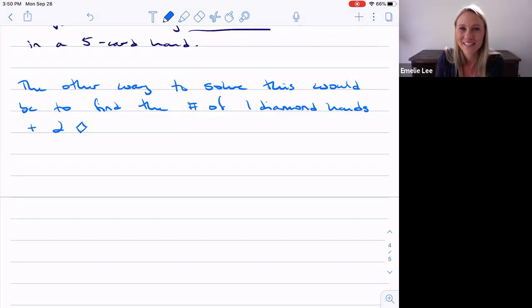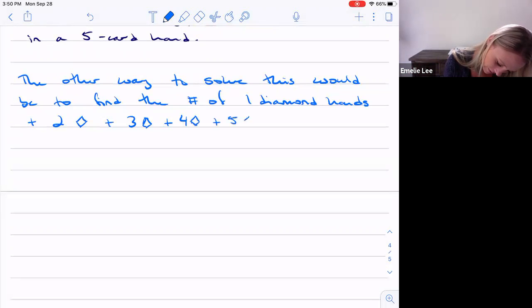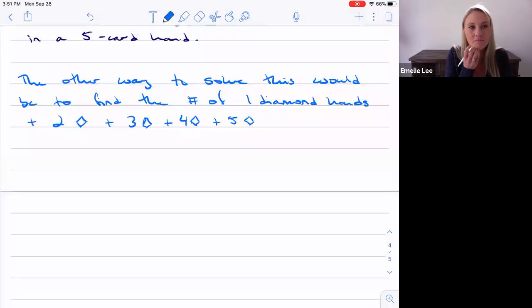That's why I showed you the easy way. Plus 2 diamond, plus 3 diamond, plus 4 diamond hands, plus 5 diamond. Or you can just say the total number of 5 card hands minus 0 diamonds.